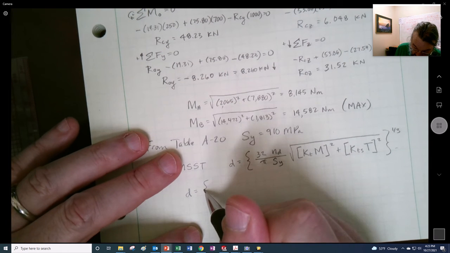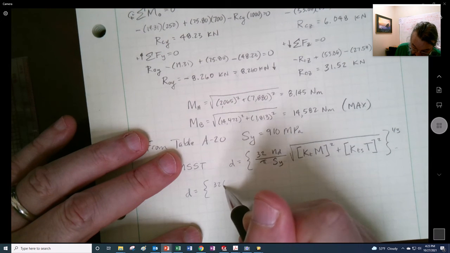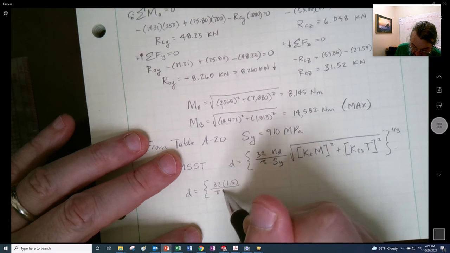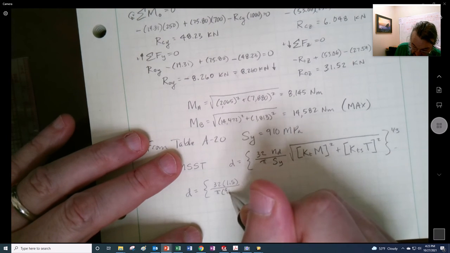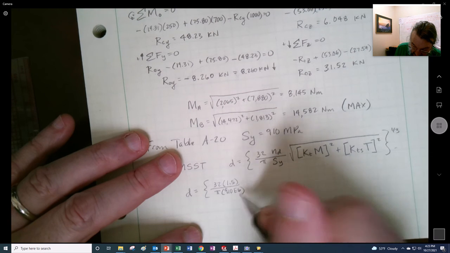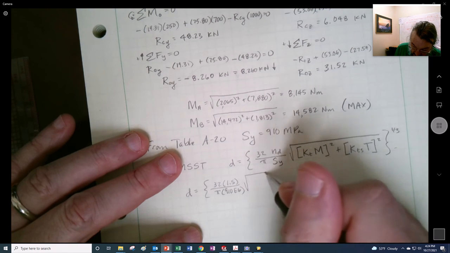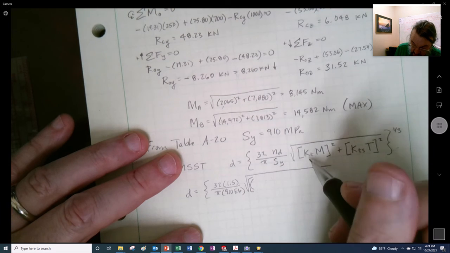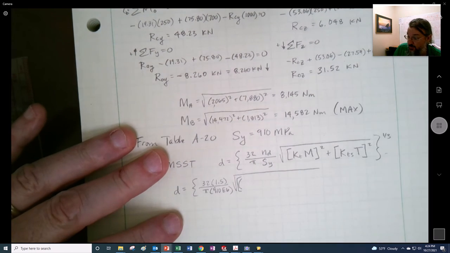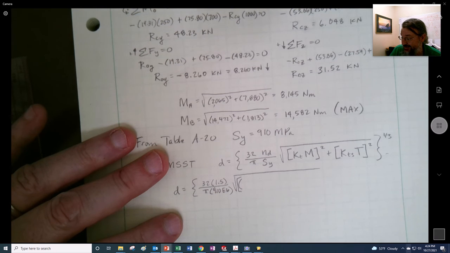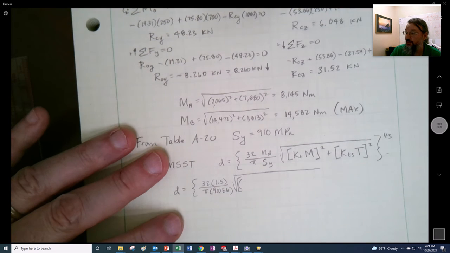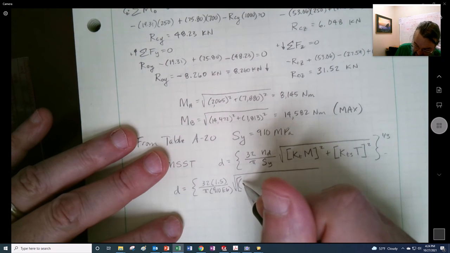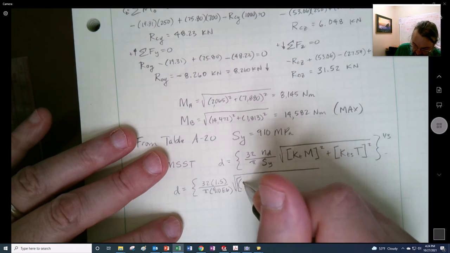So let's take 32, our design factor was 1.5, I think, and our yield strength is 910 E6, square root of our stress concentration. We looked it up: 2.14.